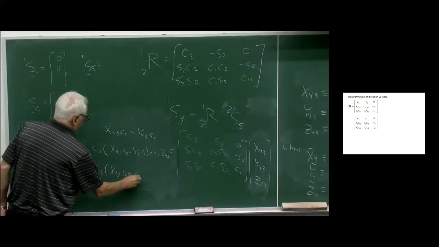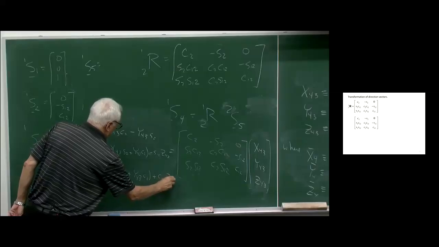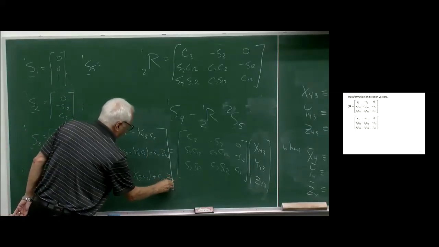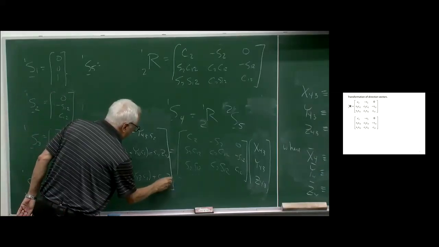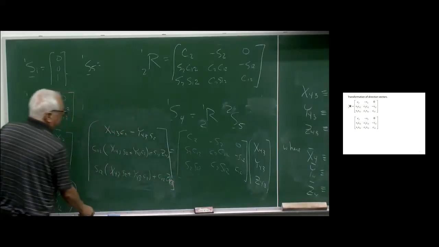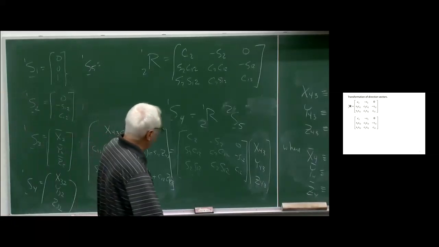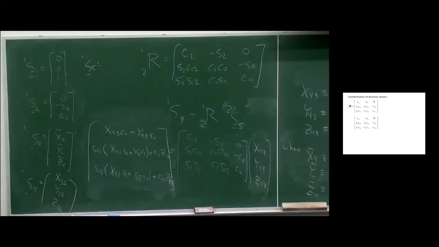I'm just writing it down because I know what it is without having to look, so I'm cheating on you. That's supposed to be 4-3. We're not doing anything magic. We just took S5 in the second and brought it back to the first, and this is what came out.